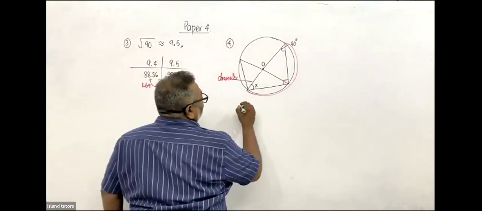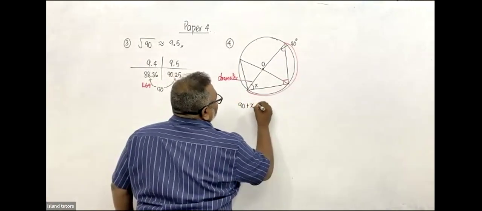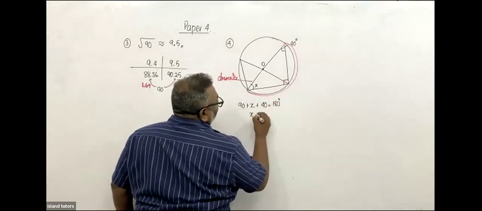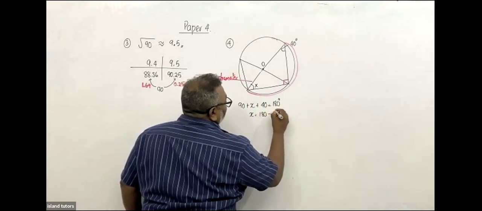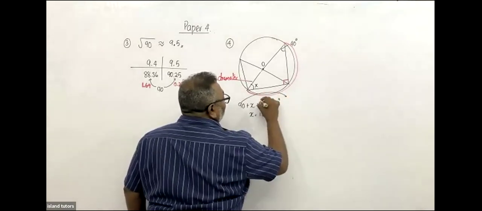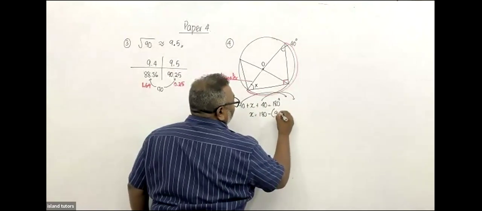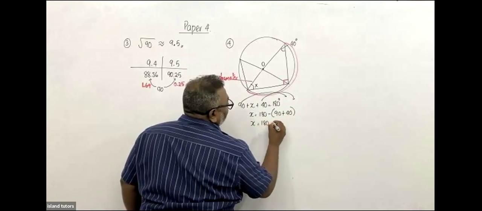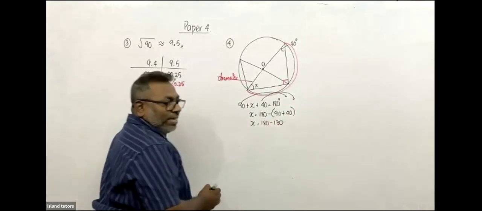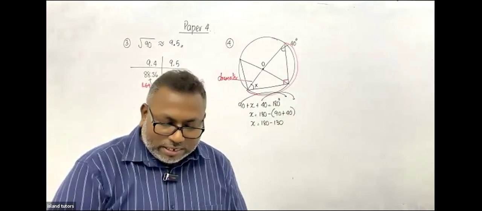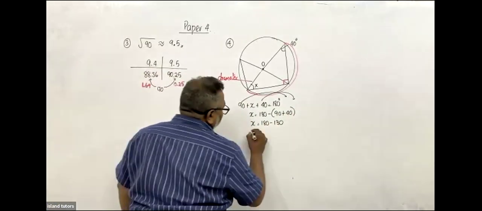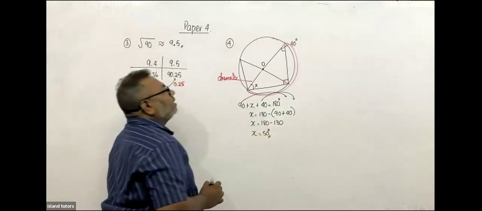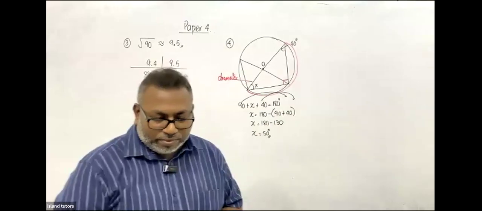So 90 plus x plus 40 is equal to 180. x is equal to 180 minus, 90 plus 40, which is 130. So x is equal to how much? 50 degrees. Okay, that is your fourth question. Easy one.